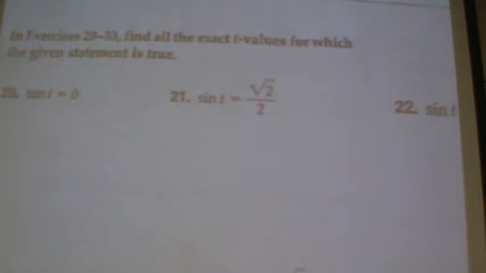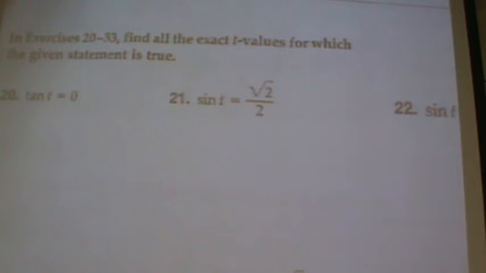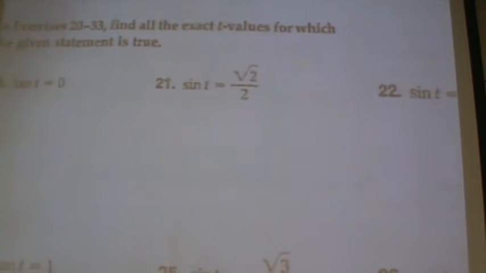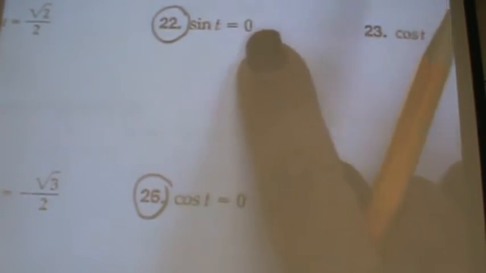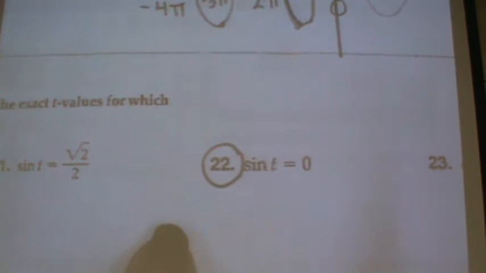Okay, now, these ones get a little tricky. We're going to skip around. 22, 26, and 28 are like the notes. Now how I know that these are like the notes is because when you see a number like 0 or 1 or -1, those are on the x or y axis.